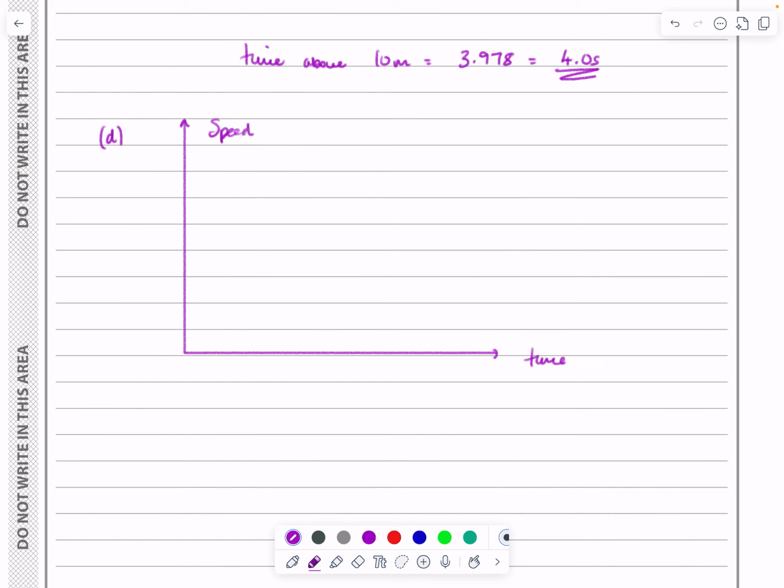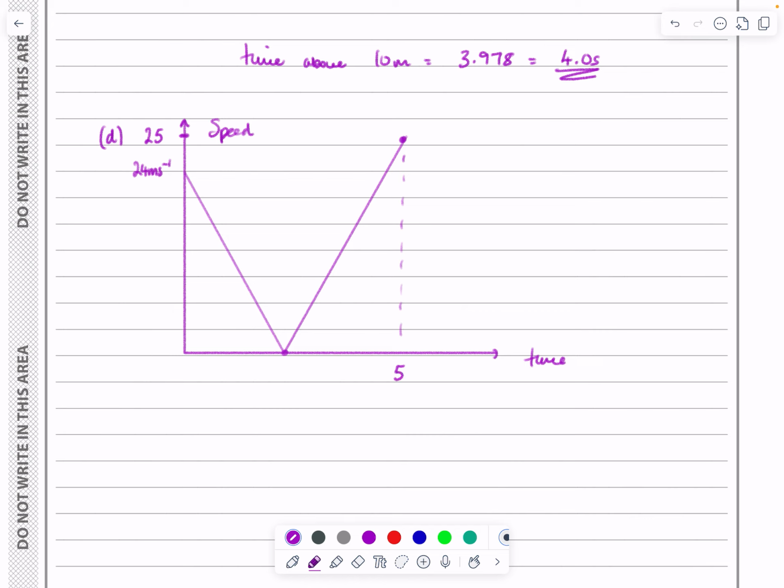So, as I said, we know that it starts off at 24 meters per second, and we know it decelerates at a constant rate till it comes down to a speed of 0, and then it will accelerate at basically the same gradient, you know what I mean by the same gradient, hopefully. But it must go up to 25 meters per second for that part there, and we know that that would be equal to 5 seconds.